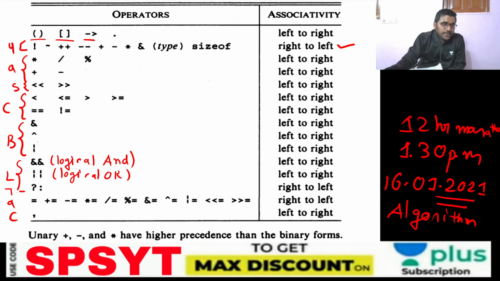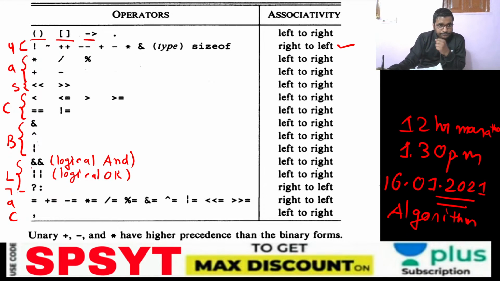This first level is parenthesis, square bracket, arrow operator, dot operator. Now USC BLTAC: U means unary operator, A means arithmetic operator, S means shift, C means comparison operator: smaller than, greater than, equal to, not equal. B means bitwise operator: and, exclusive or, inclusive or.